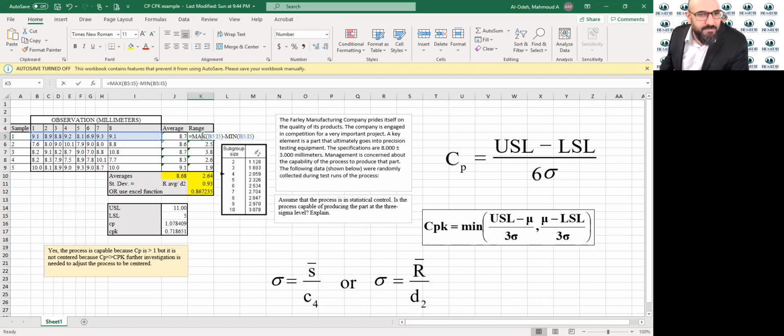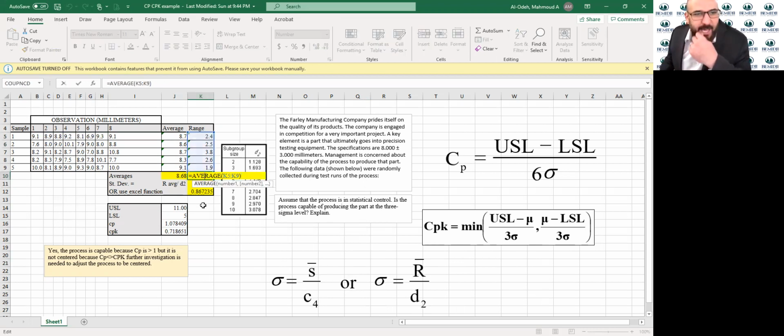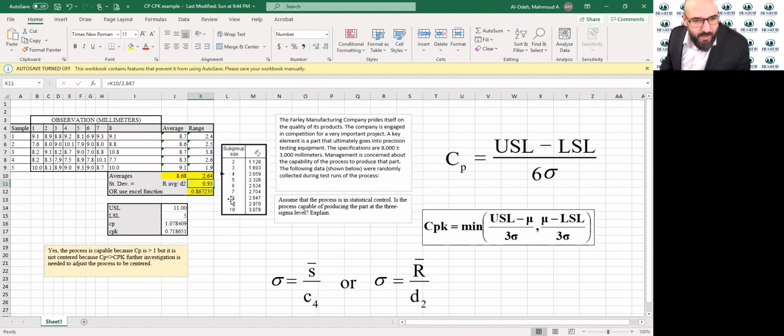Now for the range, maximum minus the minimum, and then we take the average of the ranges to find R bar. For the standard deviation, we have 8 observations, so d2 would be 2.87. R bar is 2.64, divided by 2.87. So the standard deviation is 0.93.